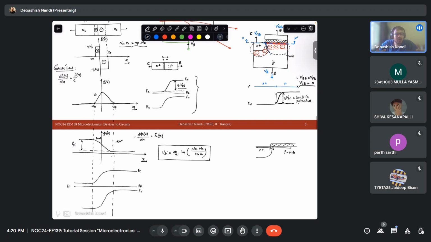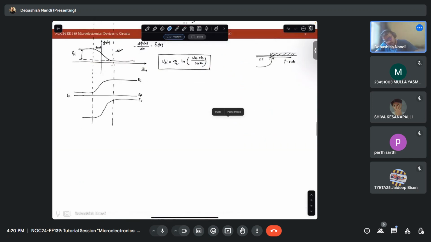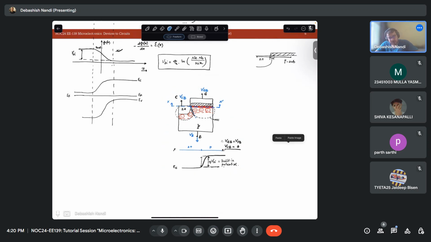Let me redraw this part. What is happening is that as you increase your VGB, this barrier starts to come down. At VTH, we know that this barrier almost vanishes.